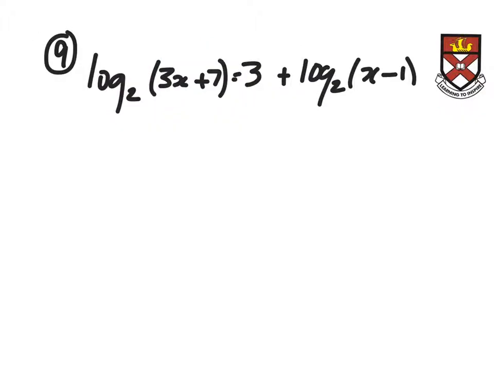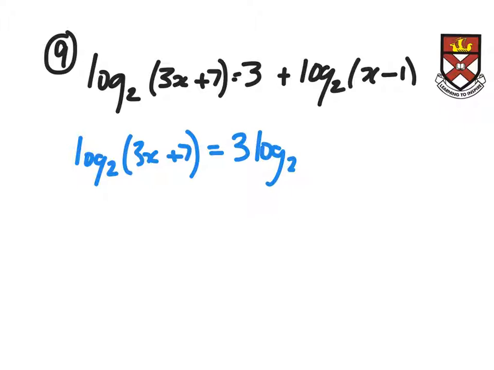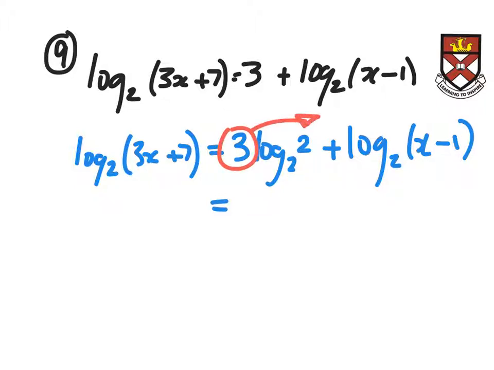Number 9, back to our log stuff. Can't really do an awful lot just now with log to the base 2 of 3x add 7. However, the 3 can be written as 3 log 2 of 2 plus log to the base 2 of x minus 1. Why have I done that? The reason I've done that is because this little 3 is going to jump up here.